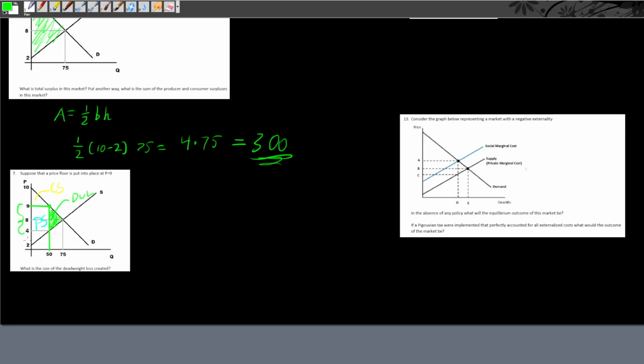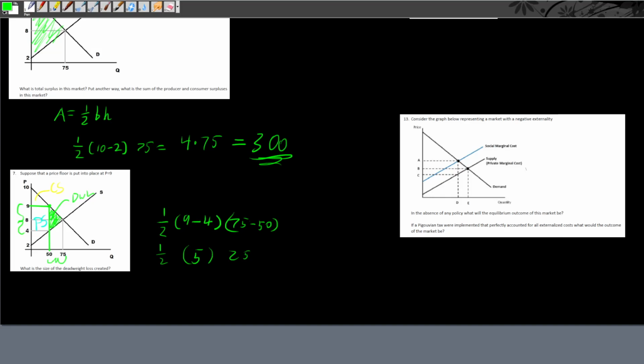All right, so to find the area of the deadweight loss, we just use the given information. We can take that distance as the base and this distance is the height. So 1/2 base, which is 9 minus 4, times the height, which is 75 minus 50. So 9 minus 4 is 5, 75 minus 50 is 25, and then we have 1/2 here still.